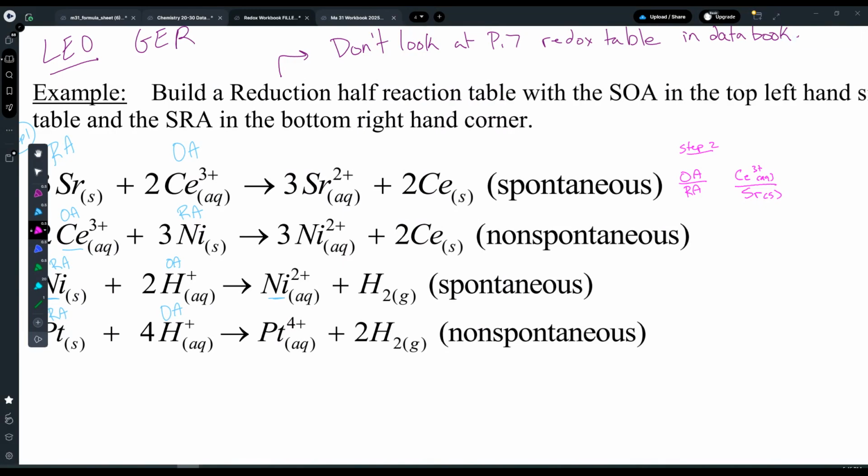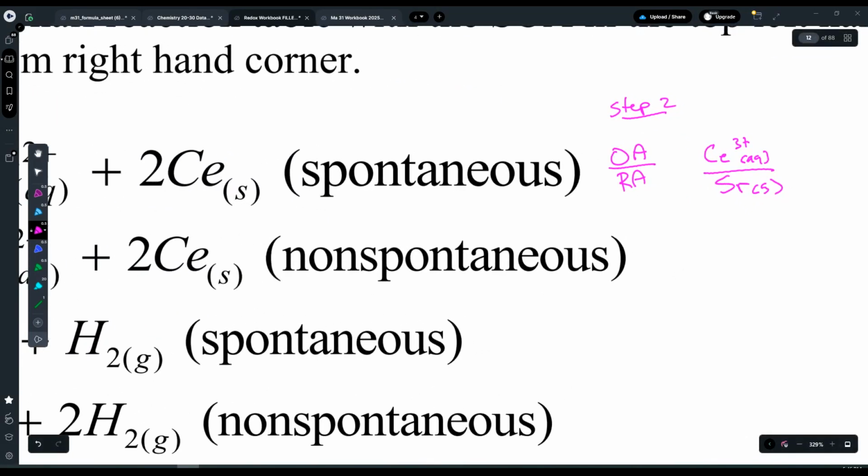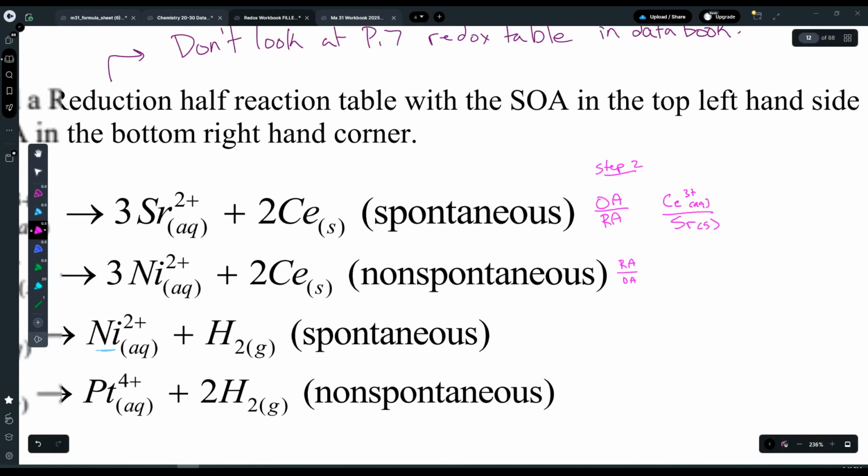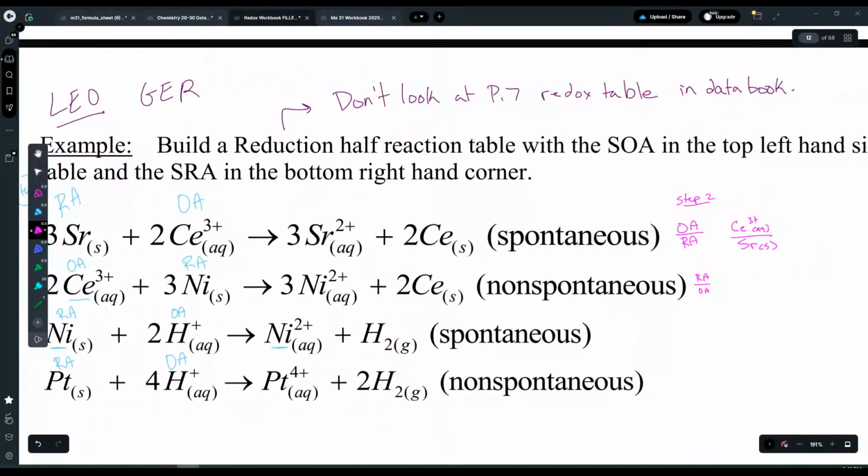Okay. All right, let's finish off step 2 here. So the second reaction is non-spontaneous, so our RA has to be above our OA. So what is our RA? It is nickel, solid. Our OA was cerium, 3+. The next reaction is spontaneous, so that means my OA is above my RA. Now my OA was that hydrogen ion.